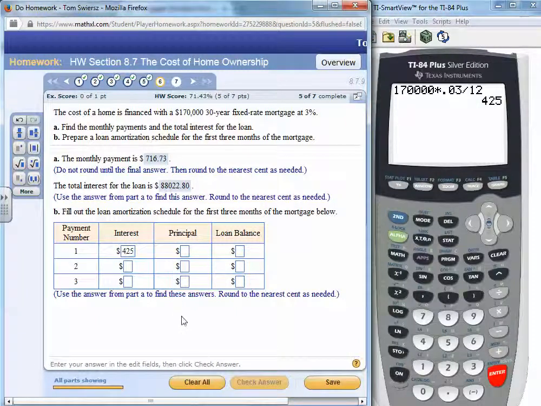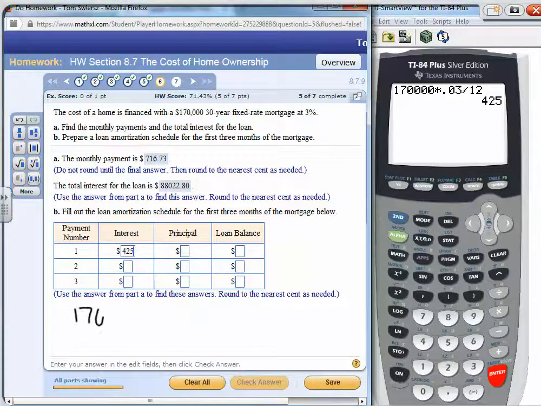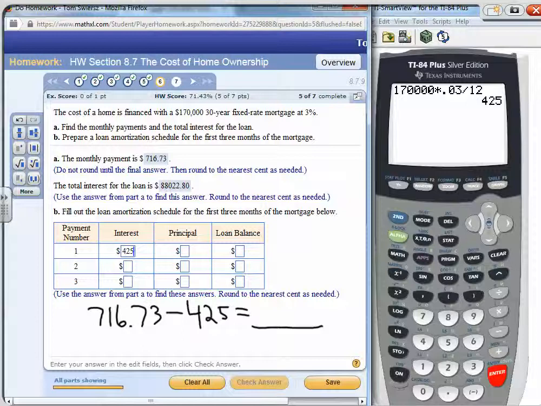$425. Now, the amount towards principal: you take the payment, 716.73, and subtract the interest, 425, and you're left with what goes towards the principal.